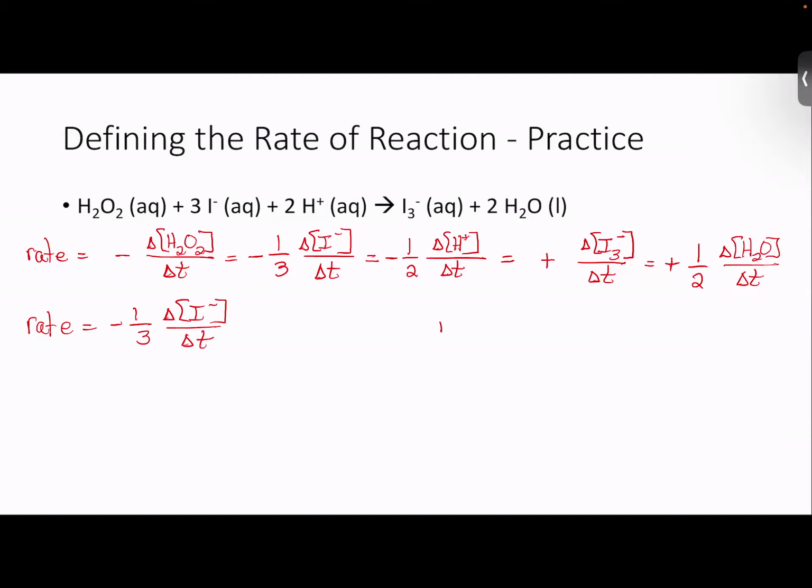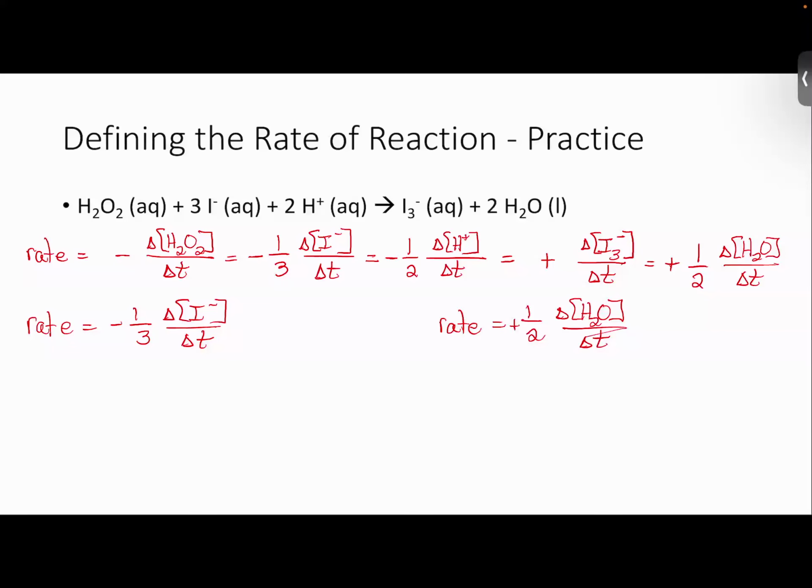Or I could say the rate is equal to a positive 1/2 the change in water concentration over a change in time. Or I could put any of the other two parts together.